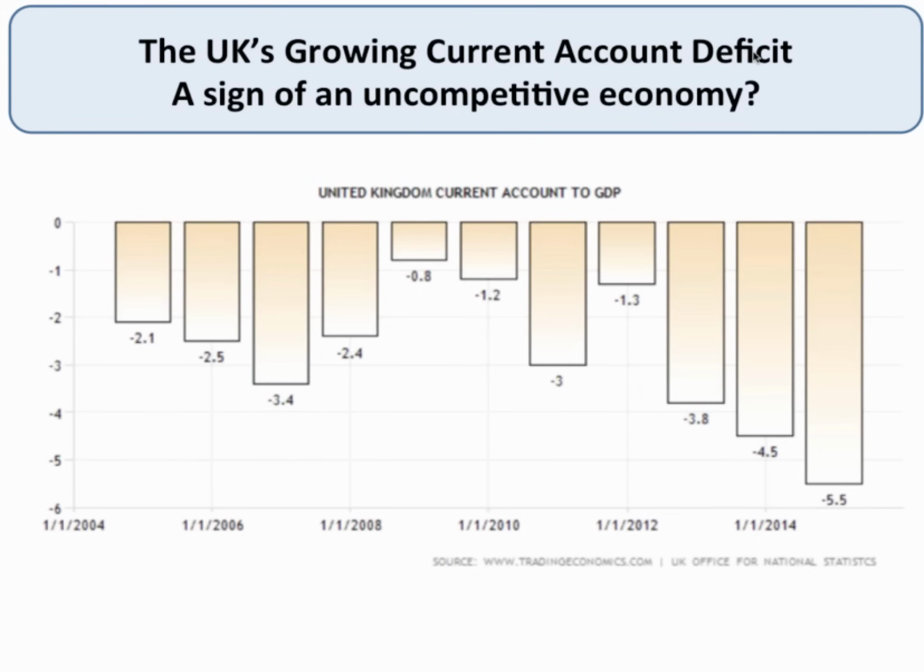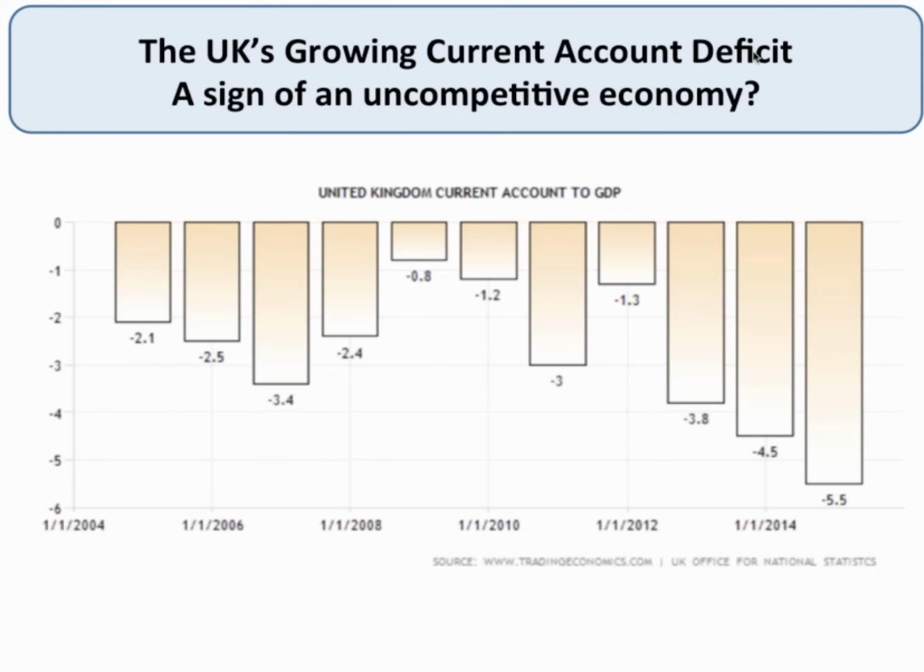It's been some time since Britain ran a current account surplus, but if you notice carefully, and this is a key point for revision, our current account deficit, that's the net balance in trade in goods and services, investment income and transfers, that deficit has been widening year on year since 2012. In 2014, the current account deficit exceeded 5% of GDP, the highest that's been for perhaps nearly 30 years.